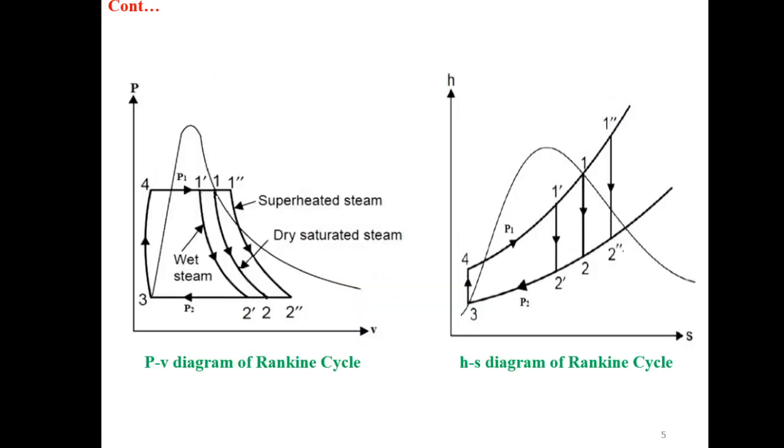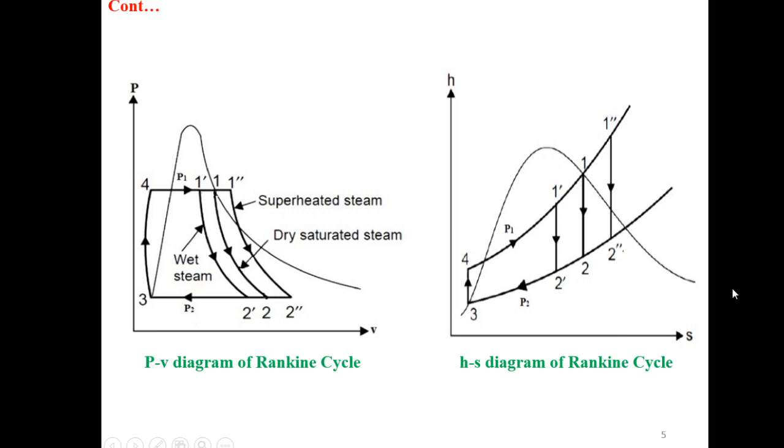Next, to draw the PV diagram, again you need to draw the dome. Then you need to draw two pressure lines, 4 1 dash and 3 2 dash. To draw the HS diagram, again first of all draw the dome.